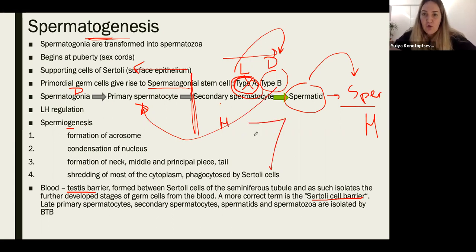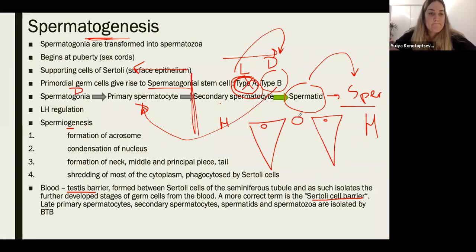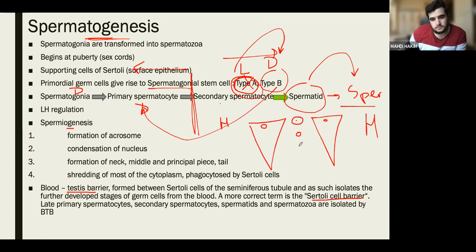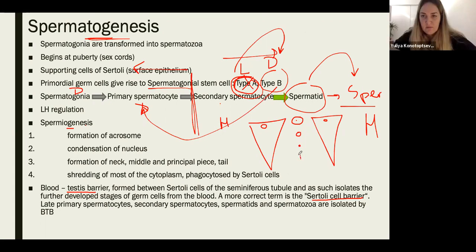I have a Sertoli cell here, and I have another Sertoli cell here. Which cell is here? Spermatogonia. This one will be primary spermatocyte, secondary spermatocyte, spermatid, and spermatozoa. Am I right?